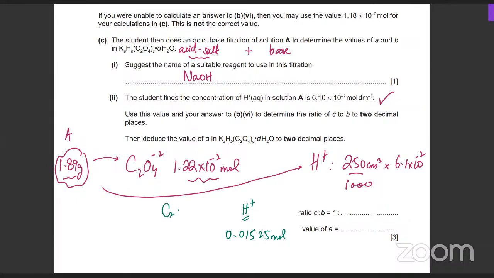And C2O4 2 minus is going to be 0.0122, right? So what's the simplest whole number ratio between the two? Divide both of them by the smallest. What do we get if I divide them by the smallest?